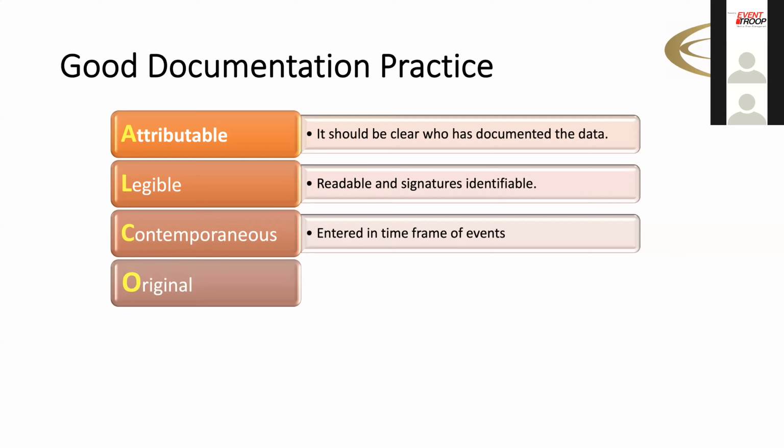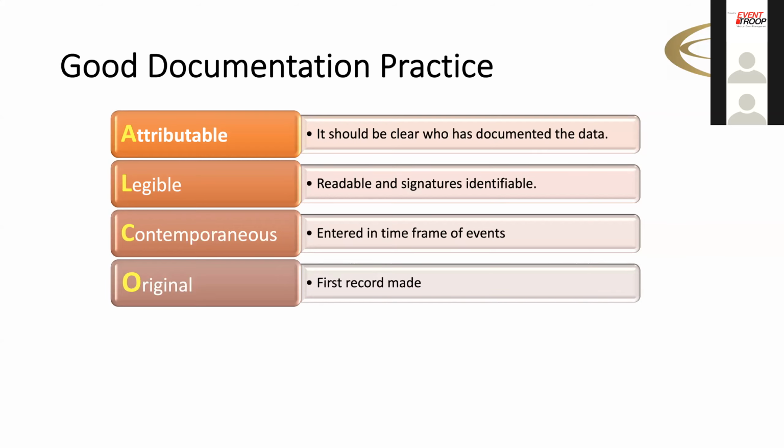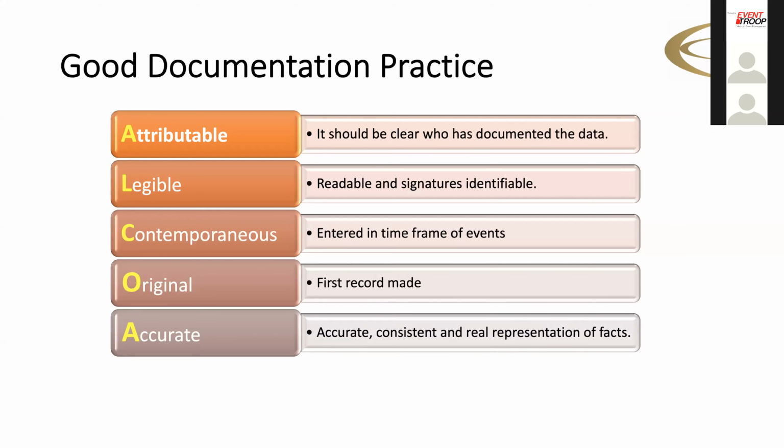It should be original. And I mentioned that wherever the first record is made, that is going to be the source document. So attributable, legible, contemporaneous, original, and accurate. Accurate, consistent, and a real representation of facts. So we do not want to see any errors.